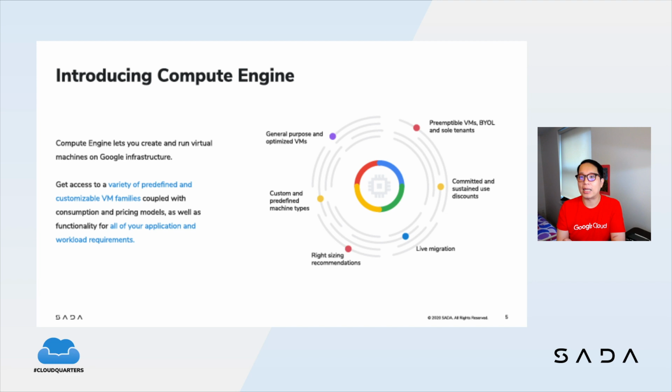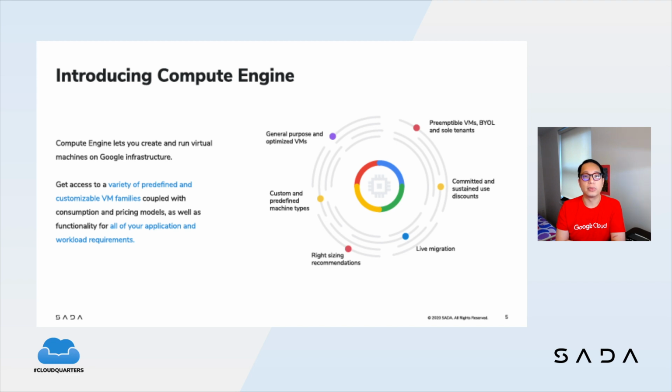Today we will highlight several capabilities or uniqueness with Compute Engine. First of all, we have preemptible VM, we have bring your own license, we have sole tenant, we have live migration. All of these features, we will talk about later on.